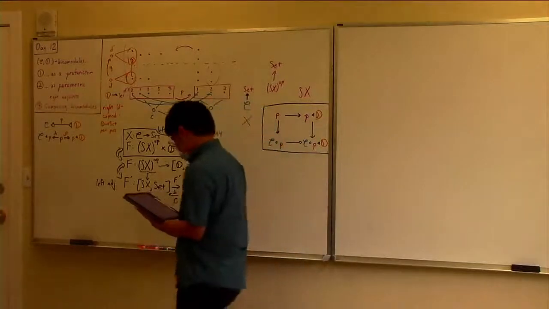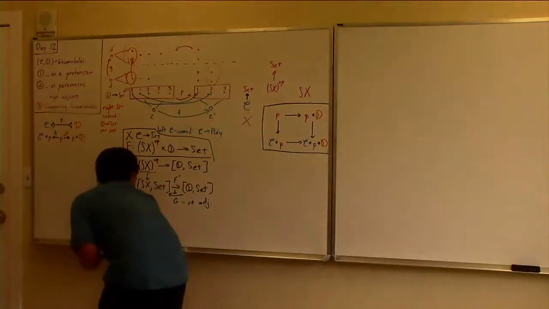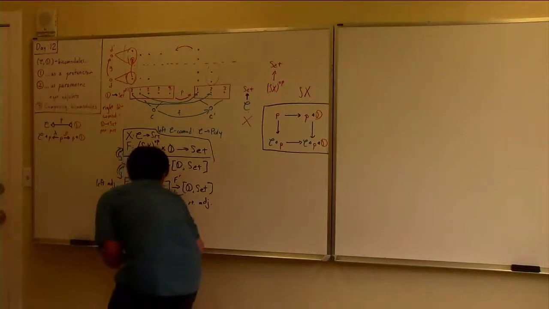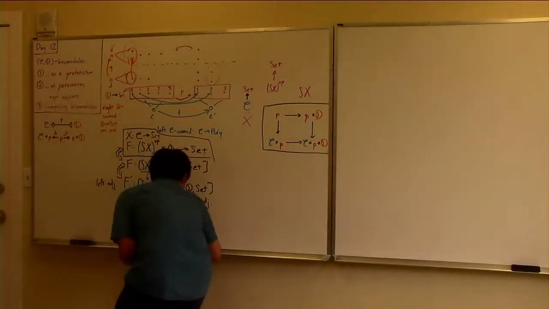Now, let me just write this out again, so we have a functor that looks like this.